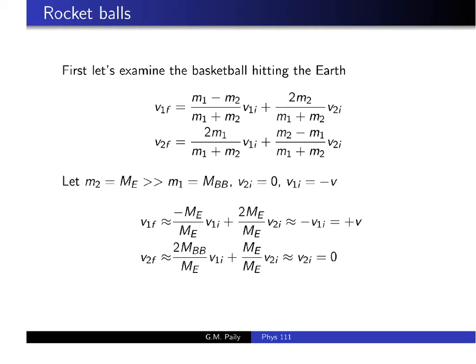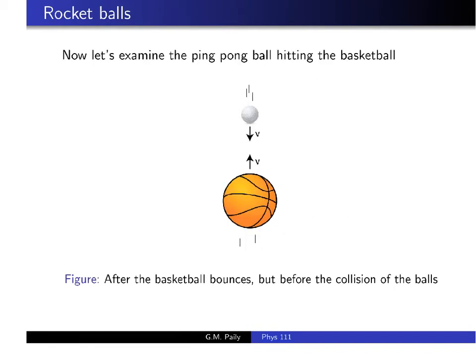And v2 final, we see, is 0. This makes sense. When the basketball hits, the earth doesn't move very much, and the basketball rebounds with almost the same speed. So now the basketball is moving up with the speed v as the ping pong ball moves down with the speed v.